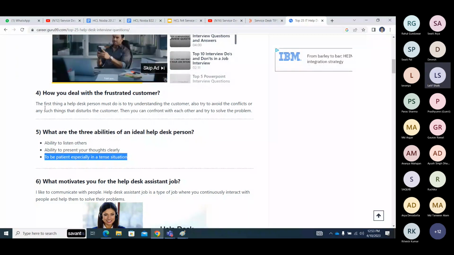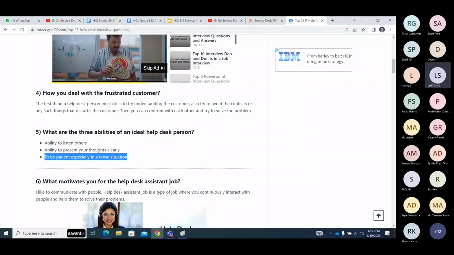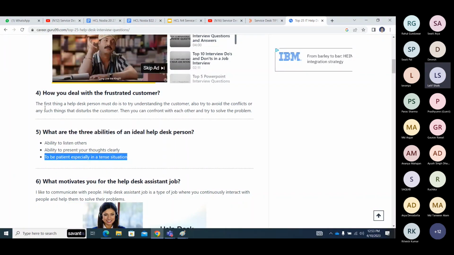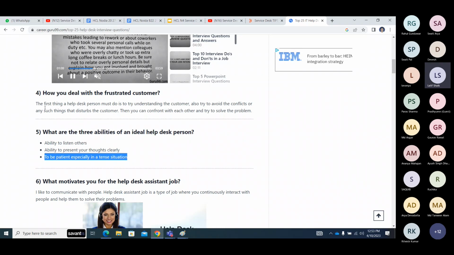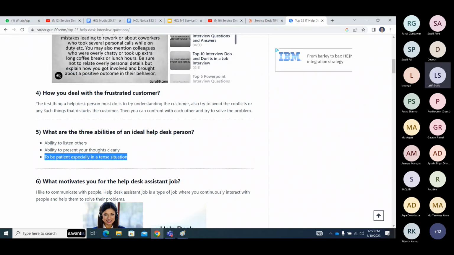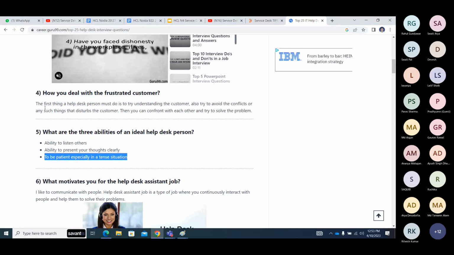For example, his email ID was removed from the authentication system, or he typed a small letter or capital letter wrongly. So what are the possible things you have to ask? Only then will we clarify where exactly the issue occurs. And you have to be patient to check one by one. Follow the SOP, the standard operating procedure, to resolve any issue.